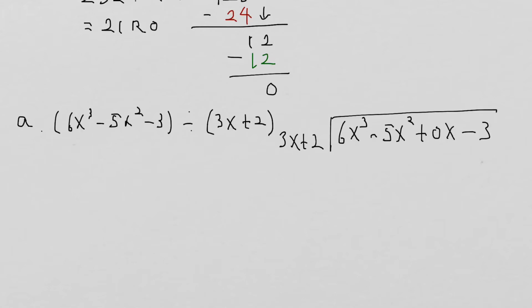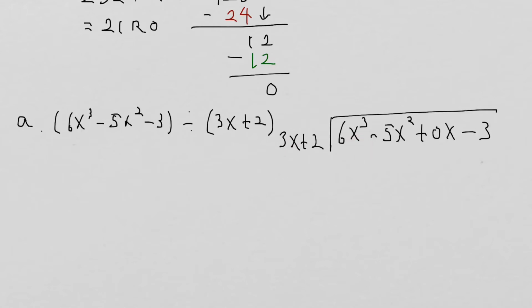First, you want to find the number that you can multiply 3x by to become 6x cubed. What do you need to multiply 3 by to become 6? What do you need to multiply x by to become x cubed?